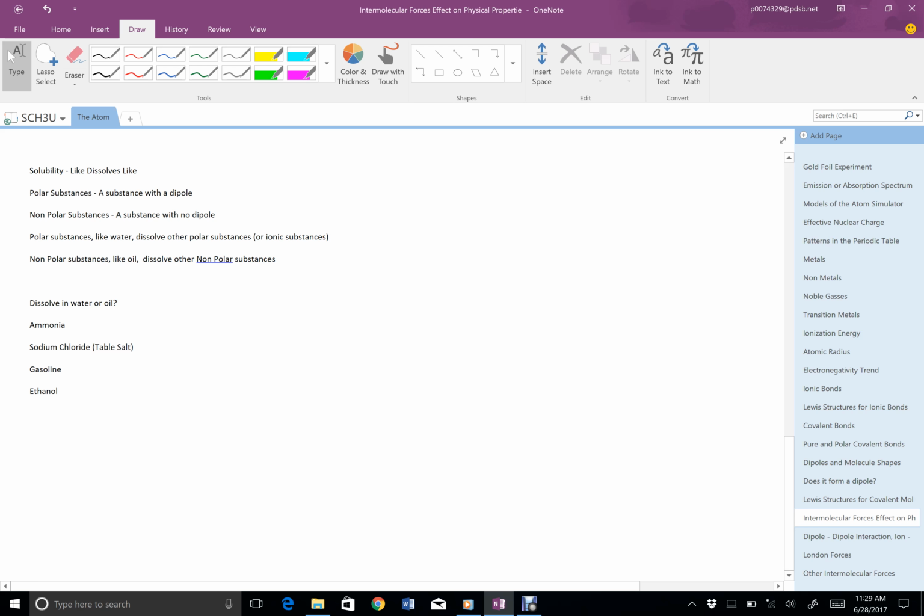So polar substances dissolve other polar substances, and ionic crystals for that matter, and nonpolar substances like oil dissolve other nonpolar substances. So if we want to determine whether or not something would dissolve in water, we have to see if its type of intermolecular force is the same as the type of the solvent, or the thing it's dissolving in. So for ammonia, since it has a dipole, we would say it's polar and it dissolves in water.